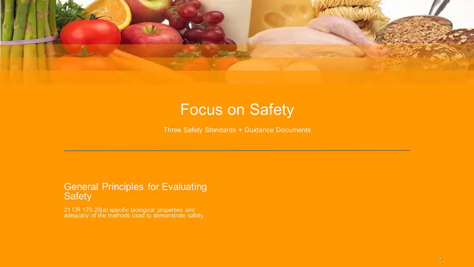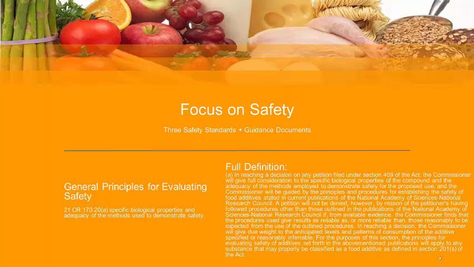Next, we have our general principles for evaluating safety. That's CFR 170.20. We have our full definition, and then there's a supplemental piece in Part B. But it's what you would imagine. It's difficult to draft a rule for the FDA that covers the full gamut of what the FDA regulates.